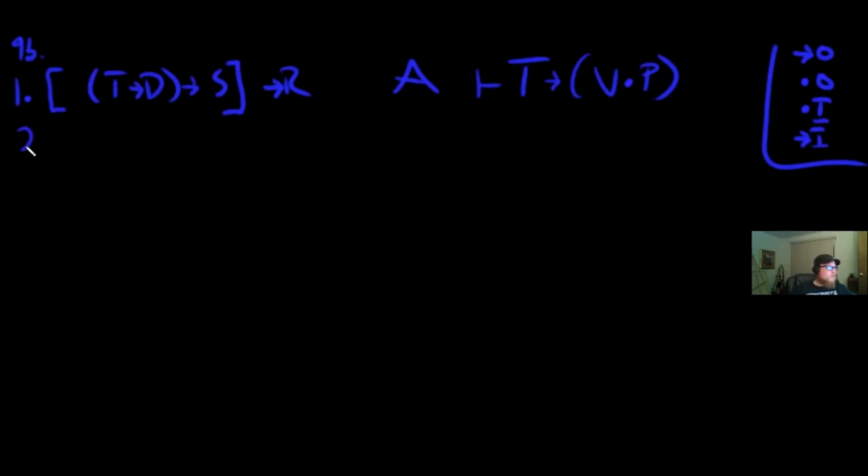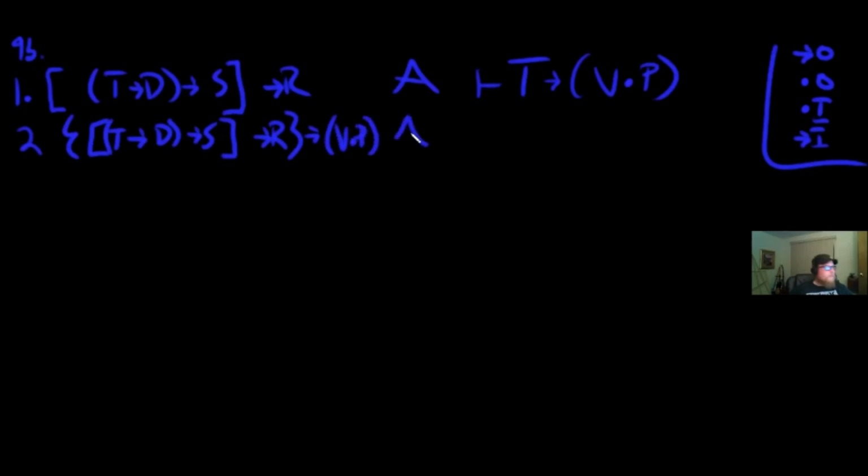Assumption number 2, here's where things get tense: in braces, T arrow D, arrow S, arrow R, close braces, arrow, parentheses, V and P. Those are our two assumptions. What's hiding there is V and P. I know it's a little hard to make out from far away. But yeah, so this is it.